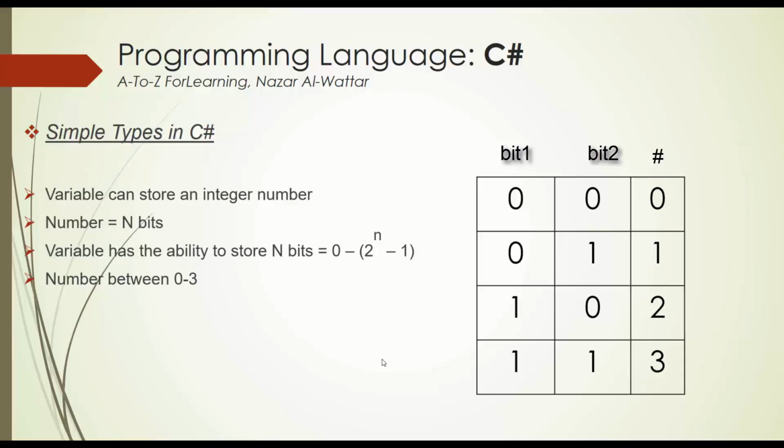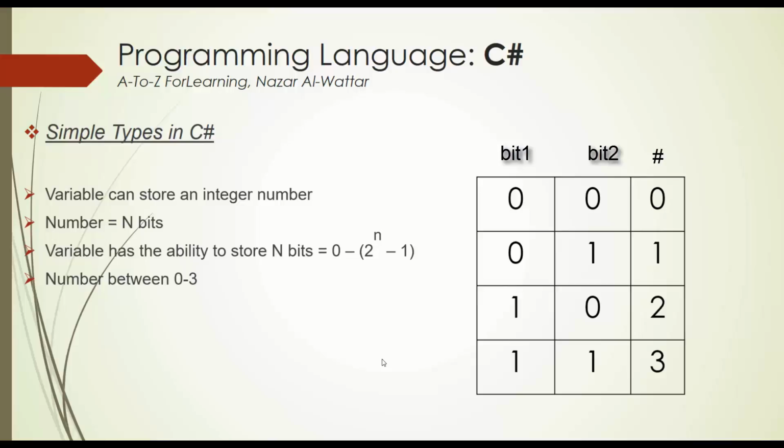If we have a variable that can store 4 bits, which is the n number, this kind of variable can hold a number between 0 and 15, because 2 exponential 4 is 16, minus 1 is 15. So the number will be between 0 and 15, and so on.